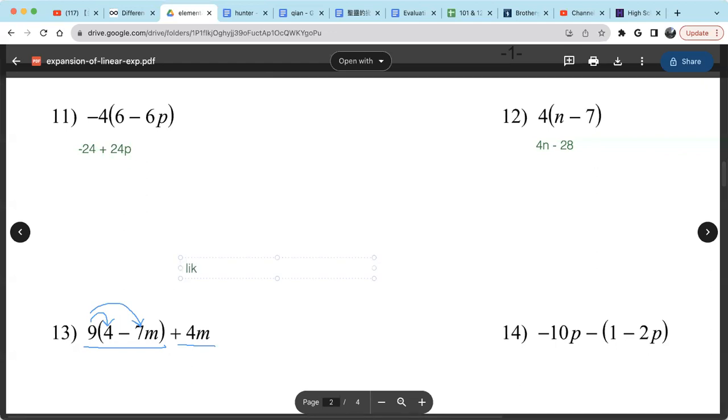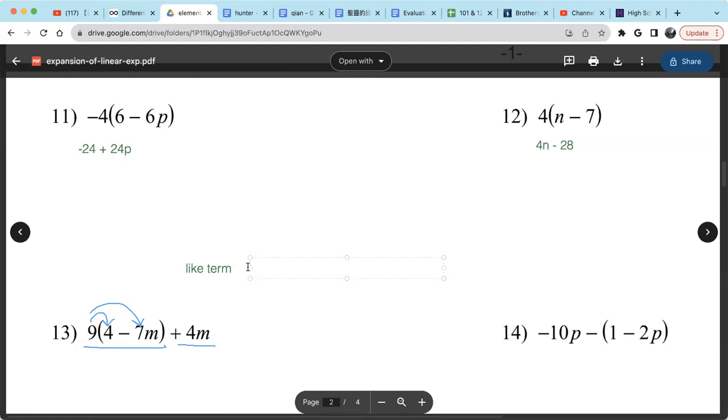When we simplify expressions, we're looking for like terms. Like terms means the same type. Either they're numbers, or with variables, the variable has to be the same variable with the same exponent.